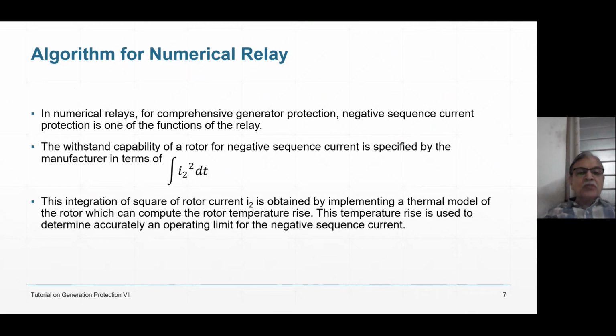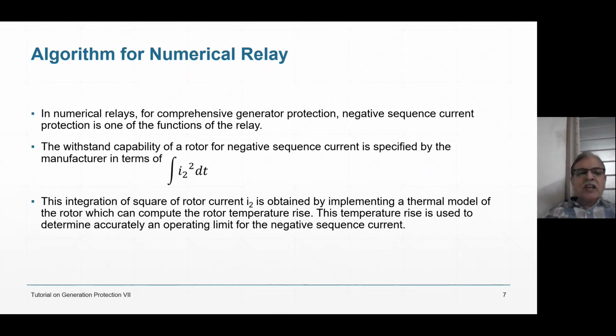This integration of the square of rotor current I2 is obtained by implementing a thermal model. You have to implement a thermal model. That means a thermal analogous model of the rotor has to be generated in the relay itself, which can compute the rotor temperature rise.